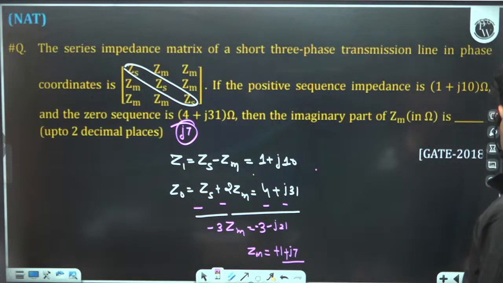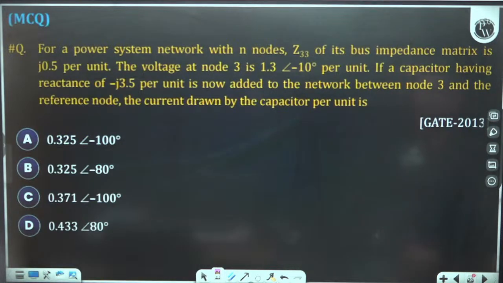Now, the next one. For a power system network with n nodes, Z33 of the bus impedance matrix is J0.5.